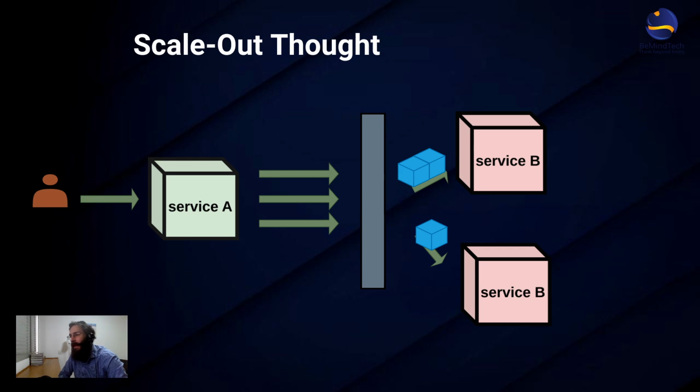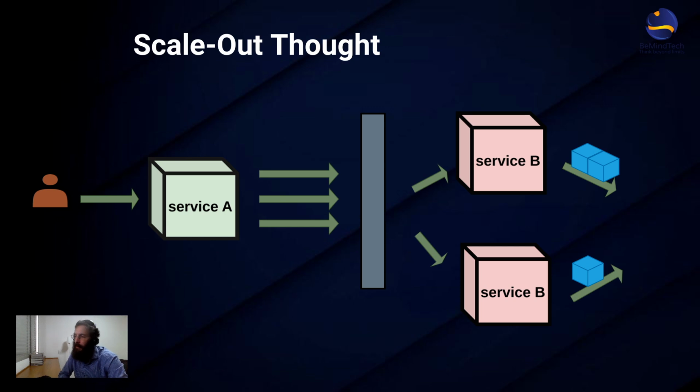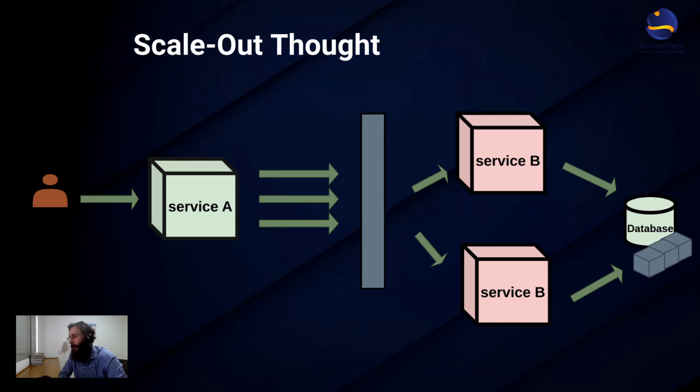An API gateway or load balancer in front of service B will redirect those operations according to some criteria of the layer before calling service B. So in this case, service A sends the three requests to, for example, a load balancer, and the load balancer decides which service B will attend each request. After the service B instances process those operations, they save the data to the database, and service B responds to service A, and service A answers the caller.